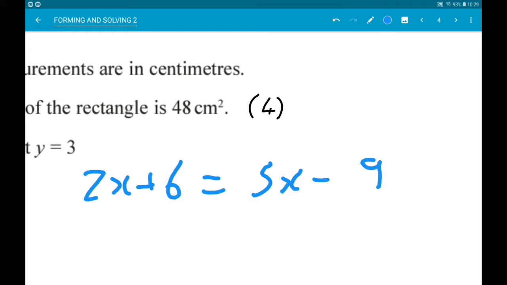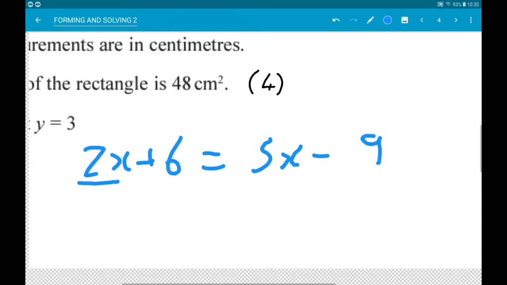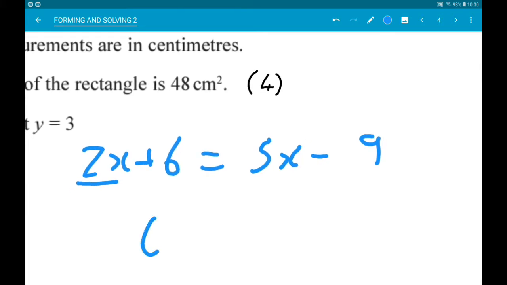So, a bit tricky because there's an x on both sides. First thing I would do is sort out that 2x. To do that, we're going to subtract 2x from both sides. So that's going to give us 6 is equal to 3x minus 9.